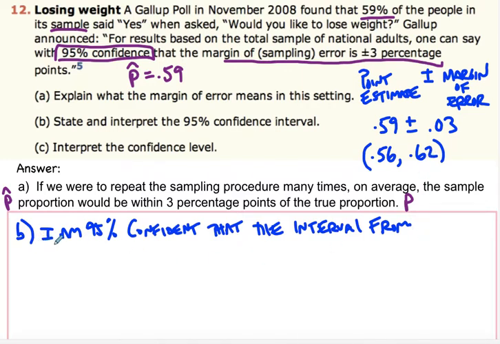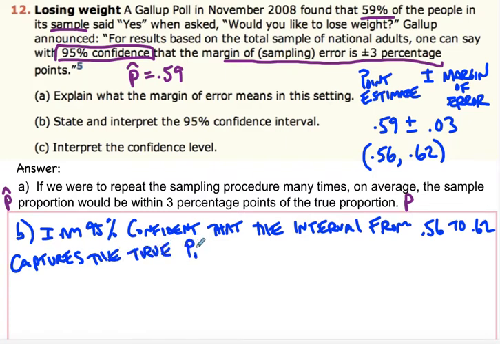Okay, so I'm going to continue my writing. I'm 95% confident that the interval from 0.56 to 0.62 captures the true proportion of people who would want to do what? Like to lose weight.